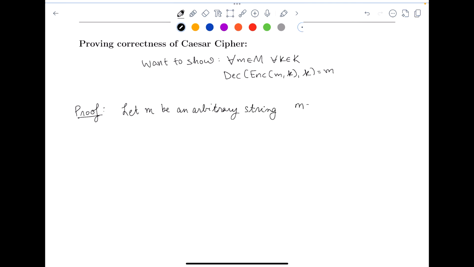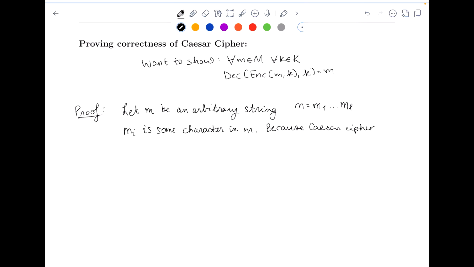where I'm going to set M is equal to M1 up until ML, because it's composed of letters. Mi is some letter or some character in M. Because the Caesar cipher shifts letter by letter, it is sufficient to show correctness for one letter.